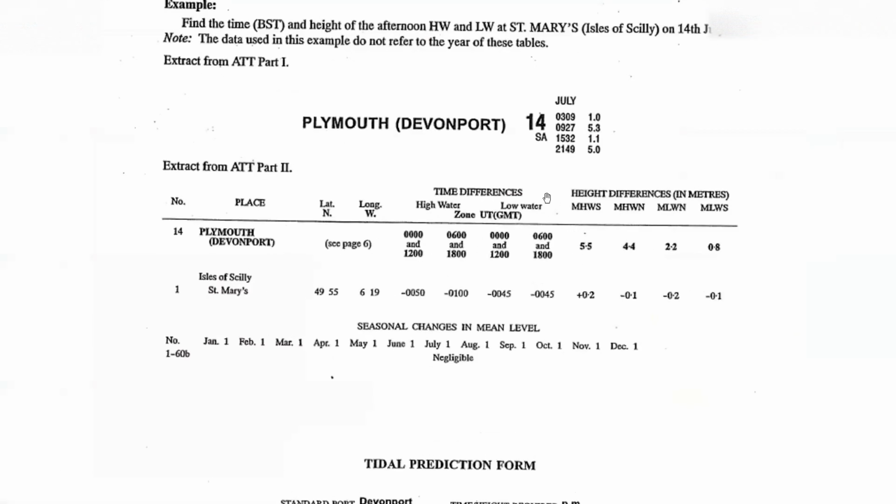Wait. So makita nyo, no? 5.5, the equivalent is positive 0.2. And 4.4, the equivalent is negative 0.1. And then we have to interpolate 5 meters. Ito, yung high tide. Kasi high to eh. Height differences. This is high water and this is low water.